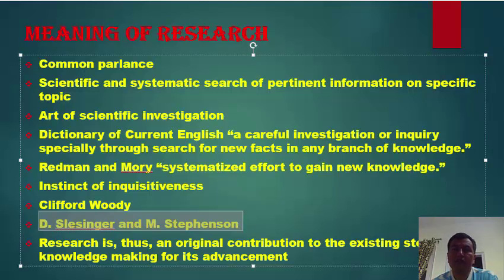You can keep it in your notes, or just keep it in mind. Later on, when you come to different types of research and the steps we follow in research, you will know that it's a very good definition. You can use it when you are asked to define research.